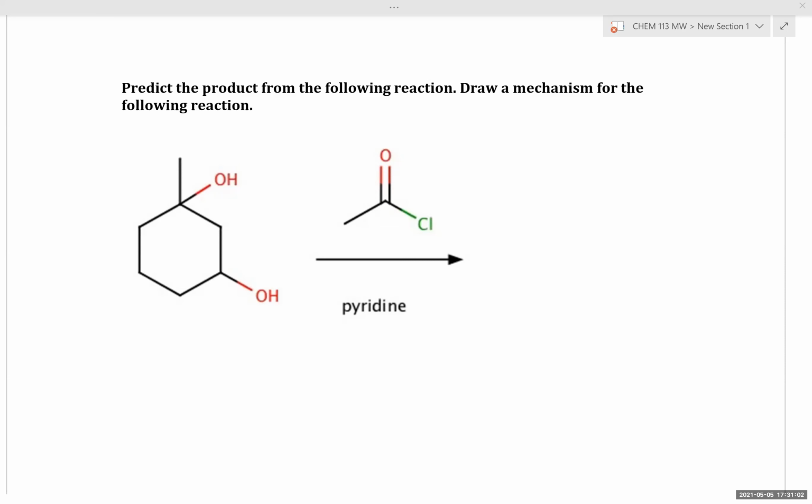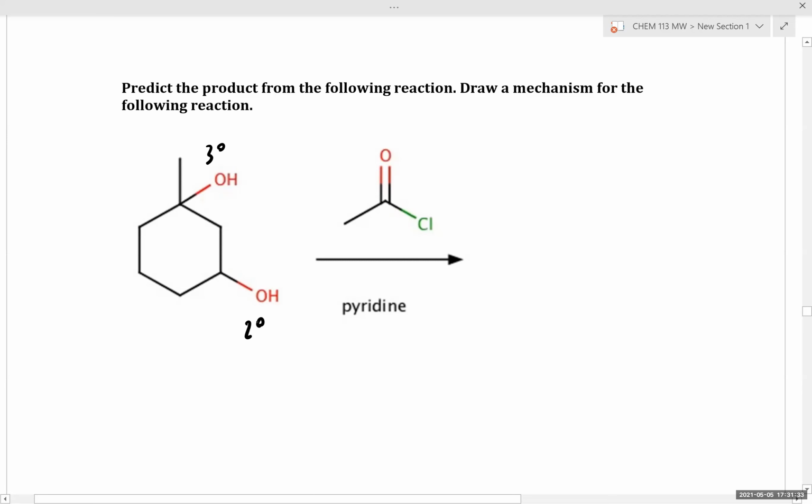When we talked about these acetylation, esterification, and aminolysis reactions last class session, we noted that depending on the steric and electronic character of our alcohol, we can get selective reaction of one of our alcohols in our molecule. So looking at the following example, we have a tertiary alcohol and a secondary alcohol.